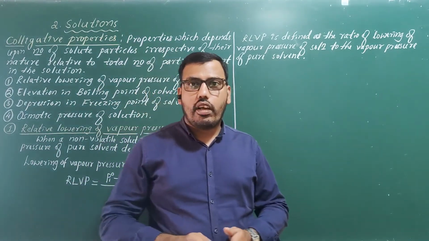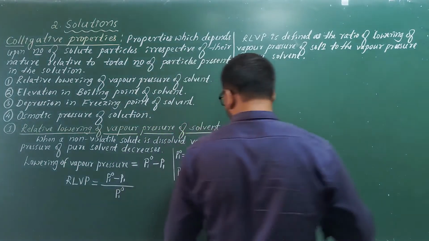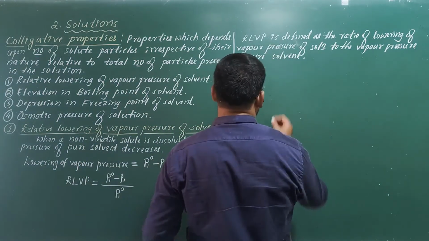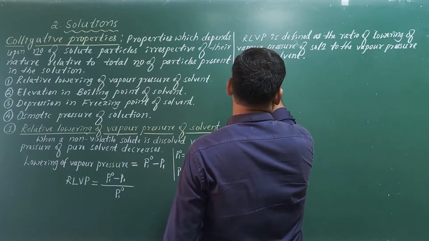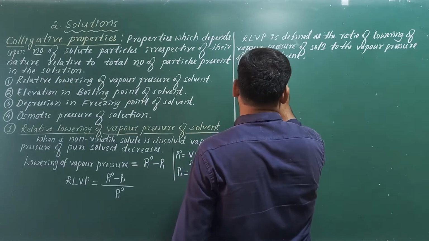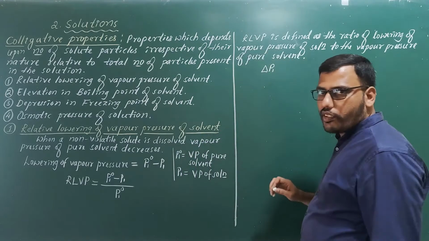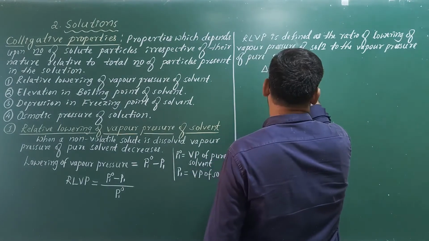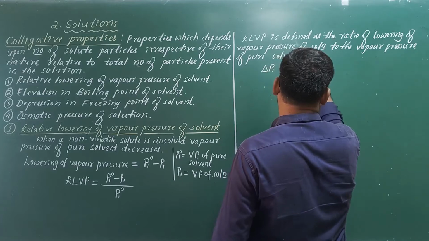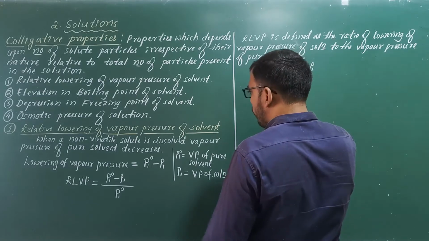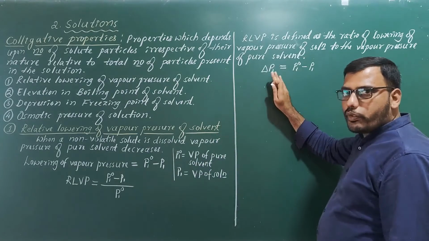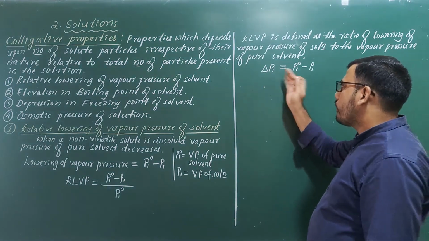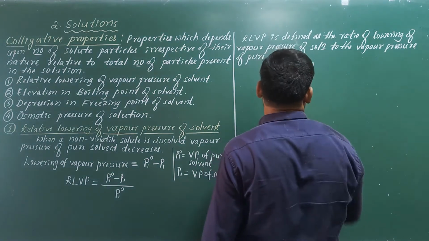Now mathematically, how can we write it? See here, lowering of vapor pressure, P1 naught minus P1, can be given by delta P1, the change in vapor pressure. Delta P1 is nothing but P1 naught minus P1, which also gives lowering of vapor pressure, higher minus lower.